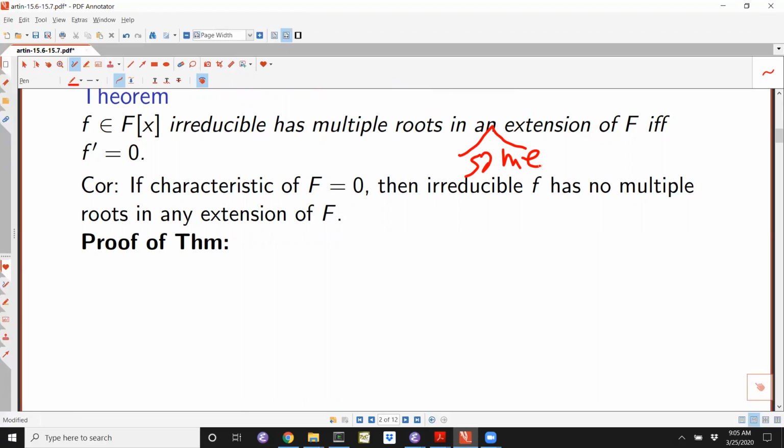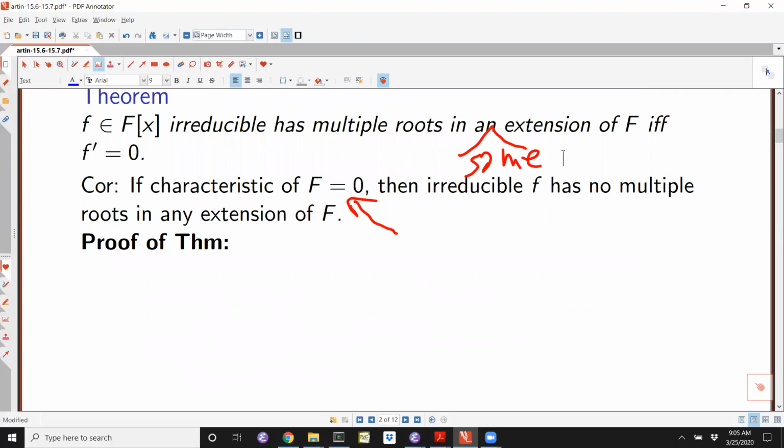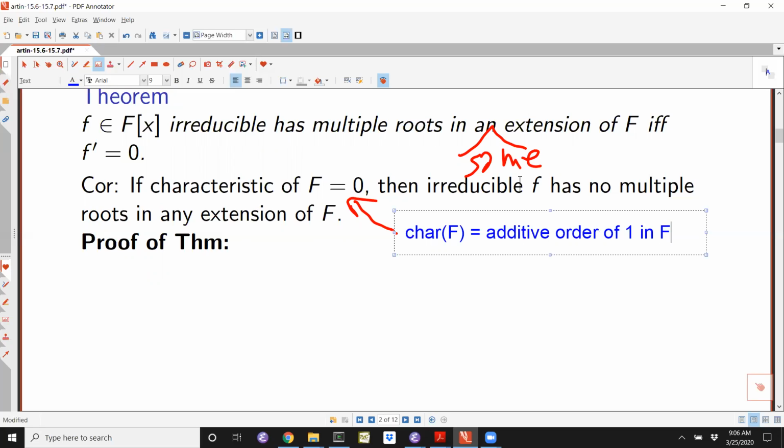I'm not sure we've mentioned characteristic in here or in some other course. So just in case anybody finds that to be a strange looking word, let me remind you what the characteristic of a field, or actually of a ring, is. If you have a ring with unity, the characteristic of a field F, or more generally of a ring R, is the additive order of the element 1 in that ring.